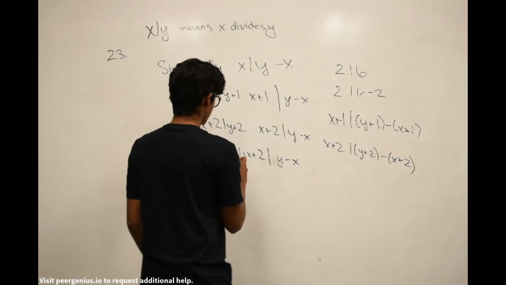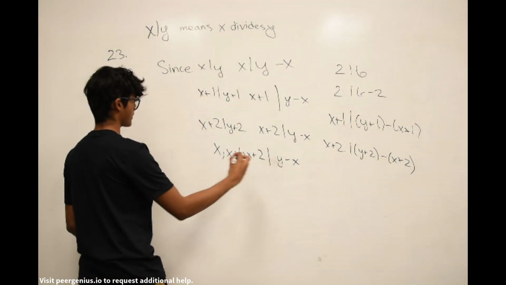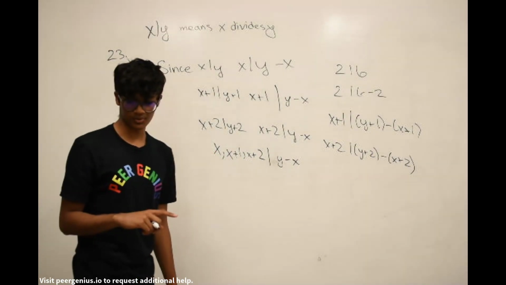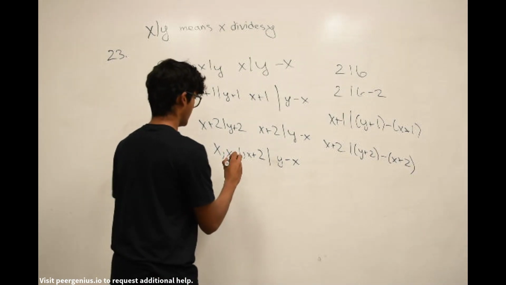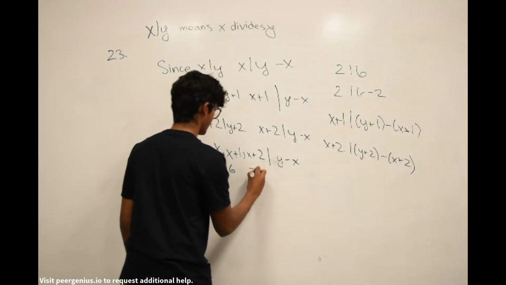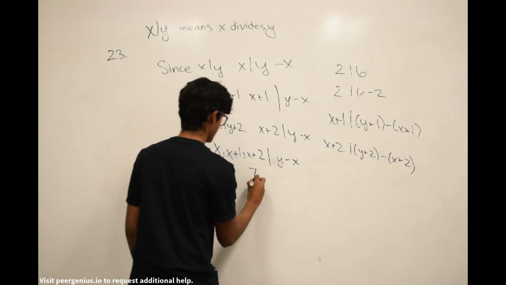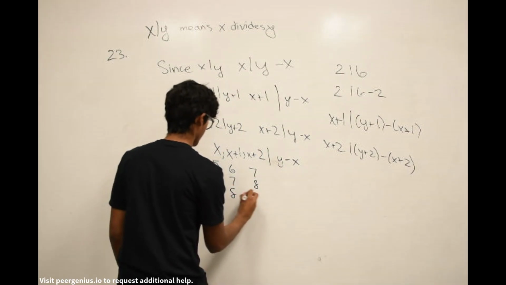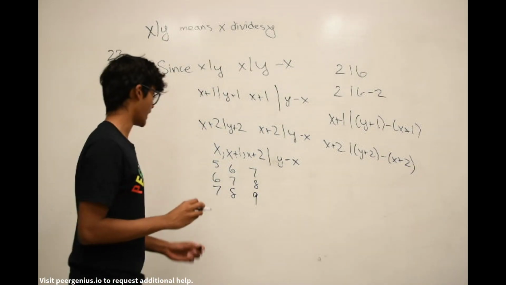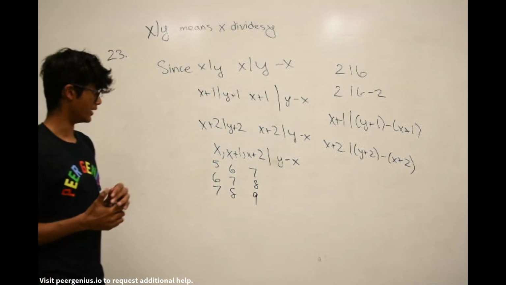So that means you have 3 cases now for the triple of x, x plus 1, and x plus 2. You can have it as 5, 6, 7; 6, 7, 8; and 7, 8, 9. In all of these, one of x, x plus 1, and x plus 2 is divisible by 7.